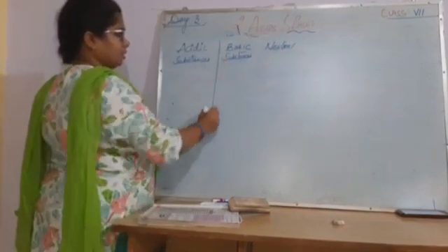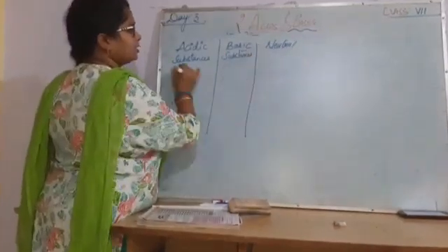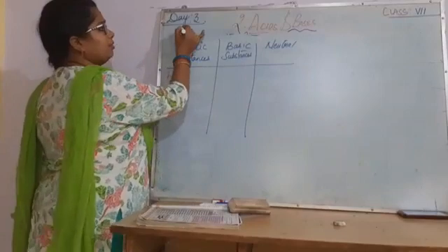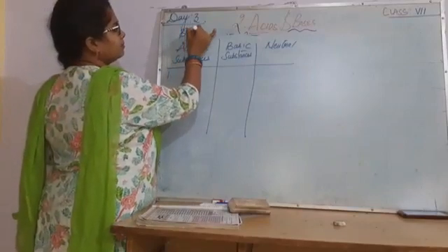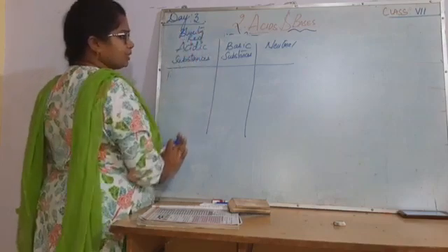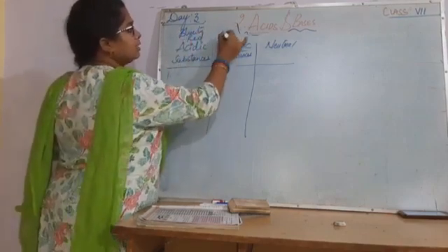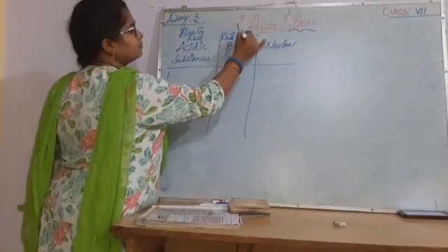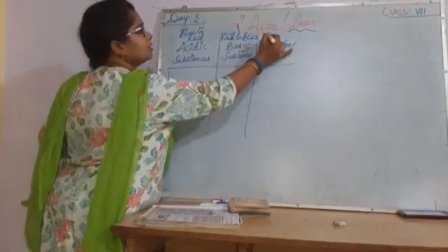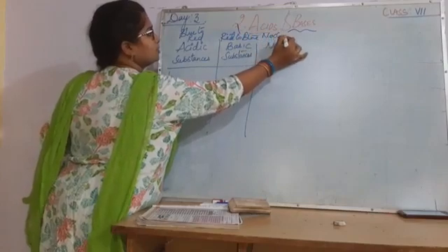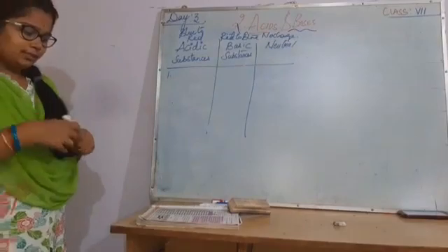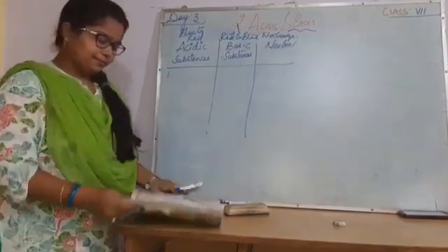Which change blue to red, you write here. Red to blue, you write here. Neutral, no change, you write it down. Got it? Next.